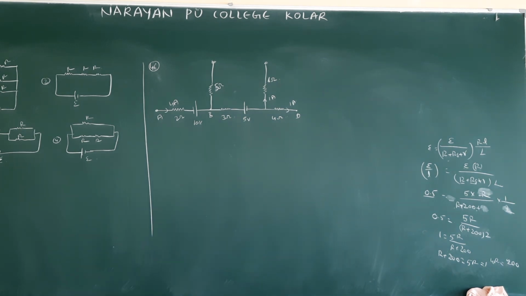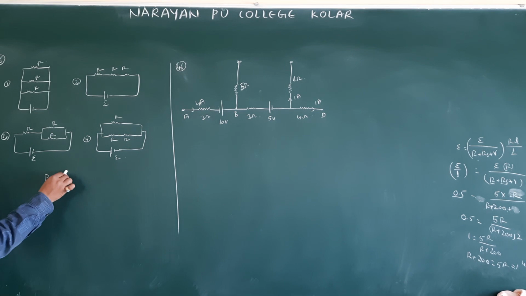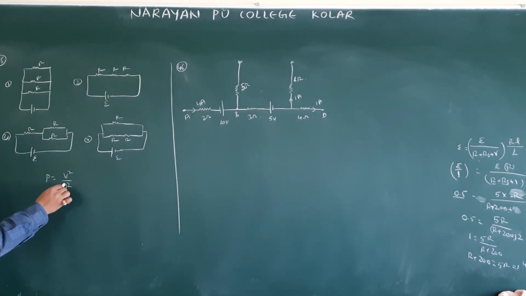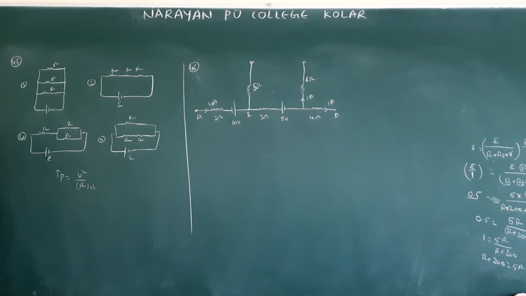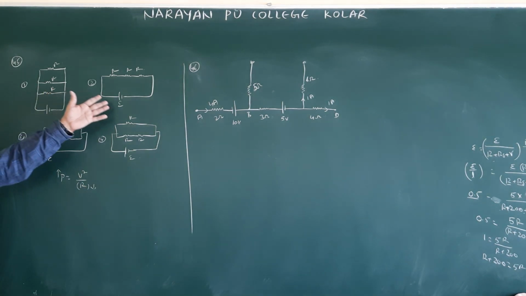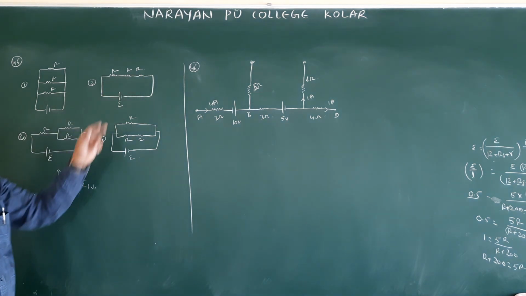Next is the 45. In which of the following circuits is power dissipated maximum? Power dissipated is maximum means, power formula P is equal to V square by R, so power is going to become maximum when R is going to become minimum. Among all these, which is minimum resistance? All are equal resistance, R only. Here all these are parallel. Therefore, in this first case, Rp is equal to R by 3. Second case, how are these three connected?